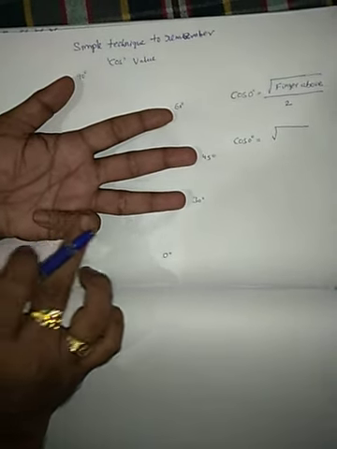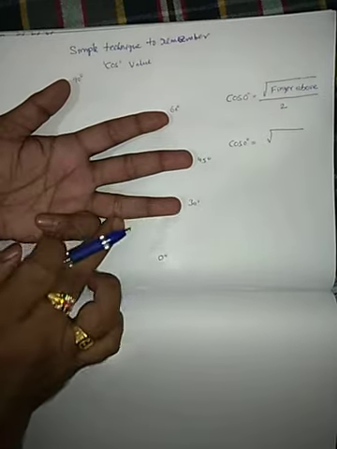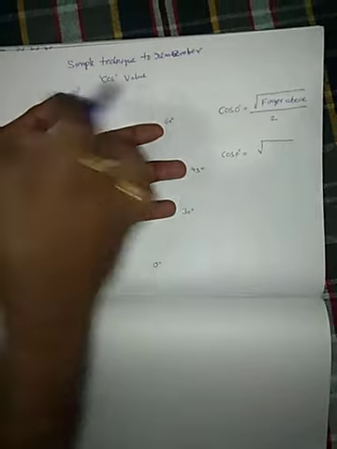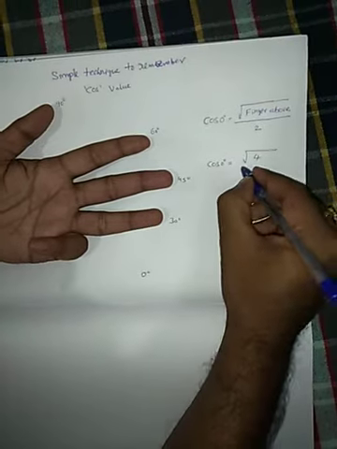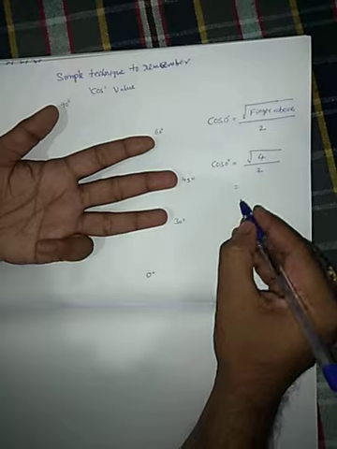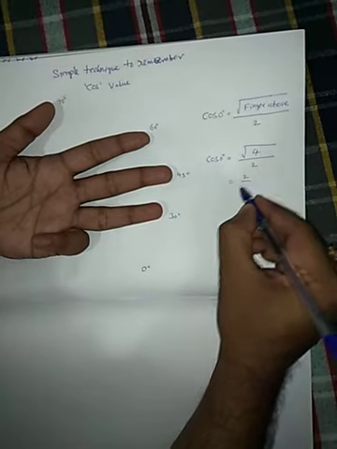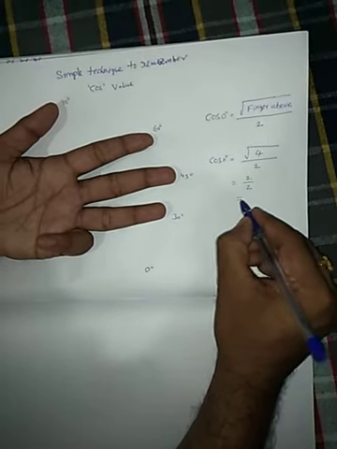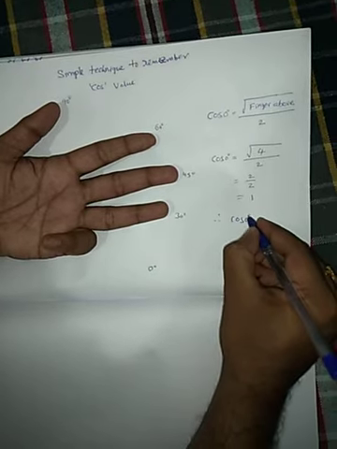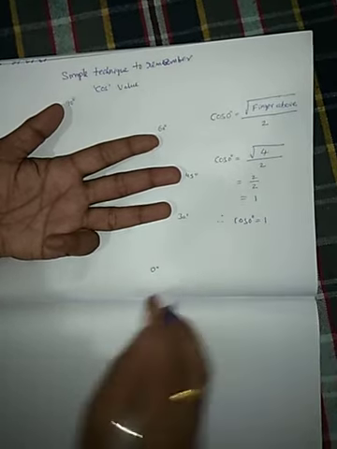Then the formula says finger above. How many fingers are above the little finger? 1, 2, 3, 4. So root 4 by 2. So what is the value of root 4? Root 4 is 2. 2 by 2 is equal to 1. Therefore cos 0 degrees value is 1.